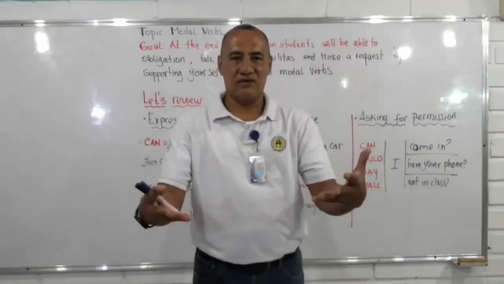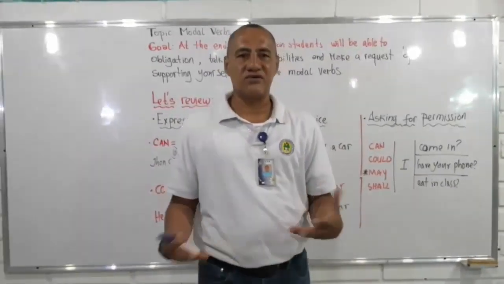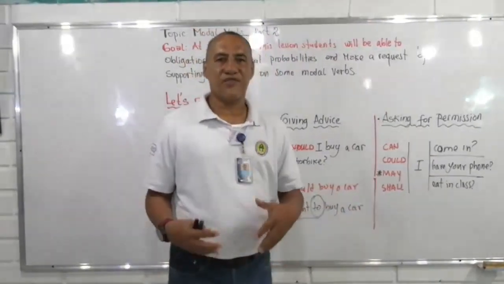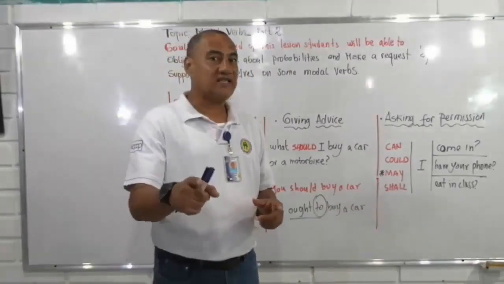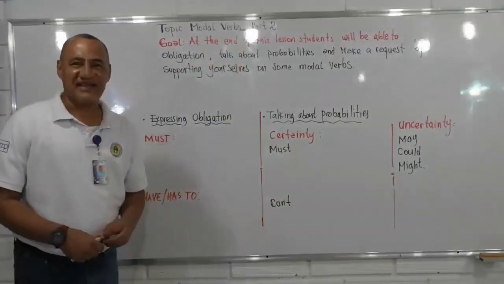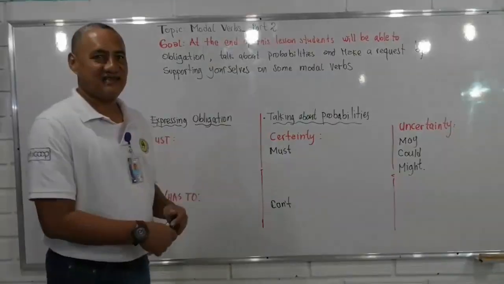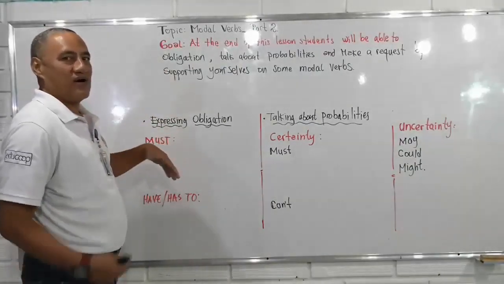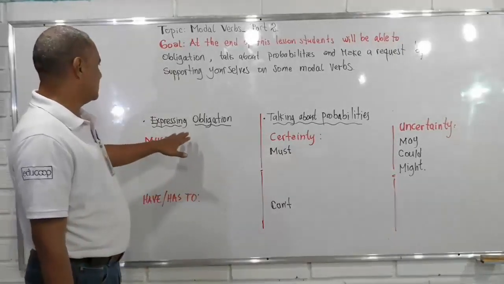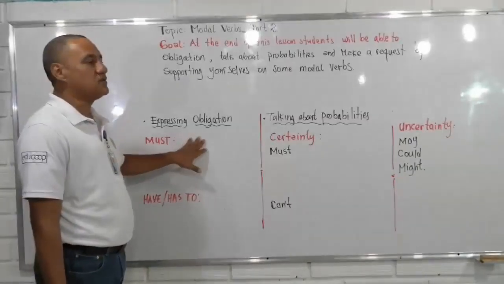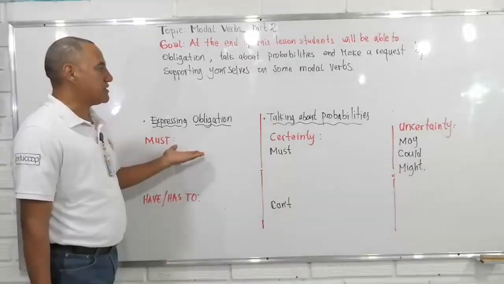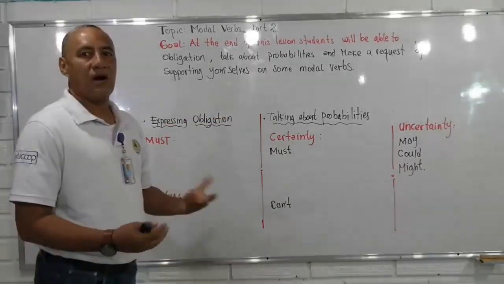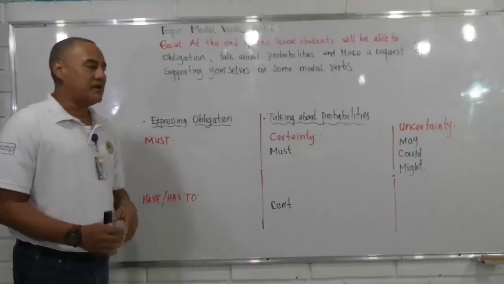Now, I'm going to illustrate how to use other modal verbs with other kinds of use. Stay tuned, don't go. Okay, my dear students, then let's keep on with the lesson. Right now, we are going to discuss how to express obligation through modal verbs, as well as talk about probabilities.